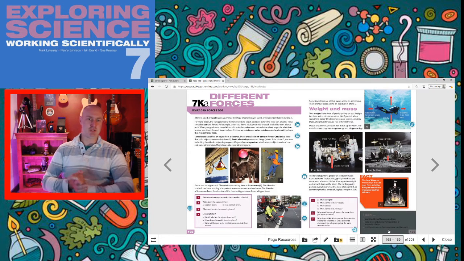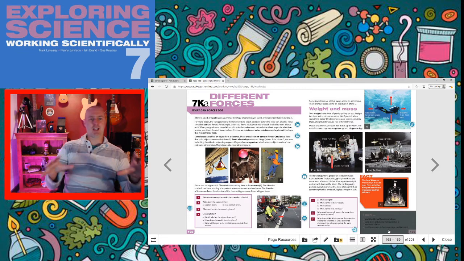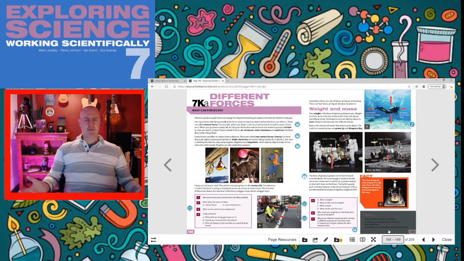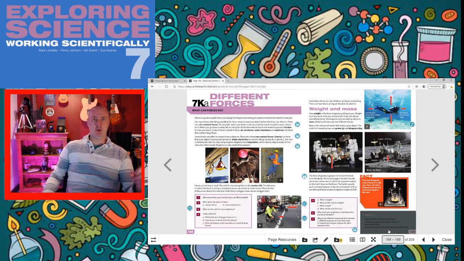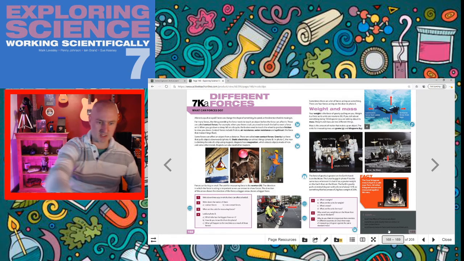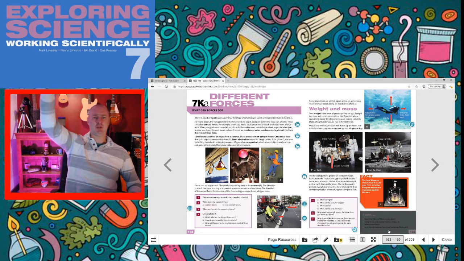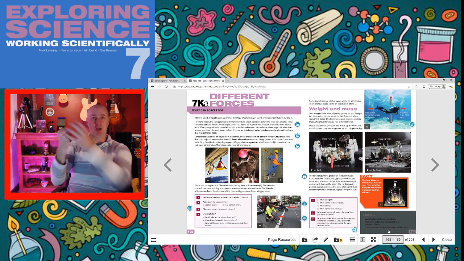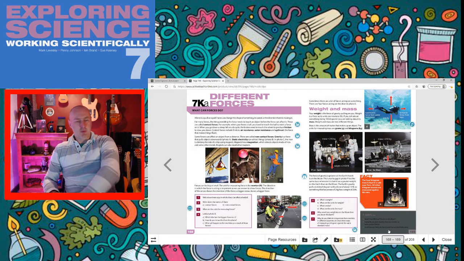I was watching Superman last night with one of my daughters, and Superman was kind of based on the science that we're talking about now. Superman comes from Krypton, and Krypton was a massive planet with a huge gravitational pull, which meant that even little things like this little wooden token here would be pulled down so strongly that it would be very difficult to pick up.